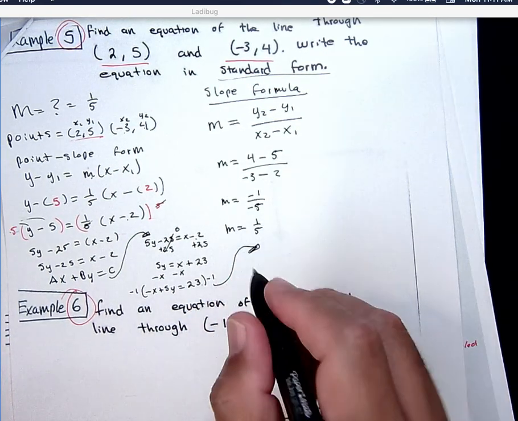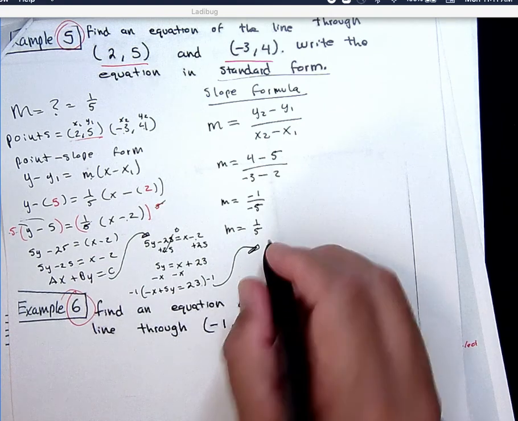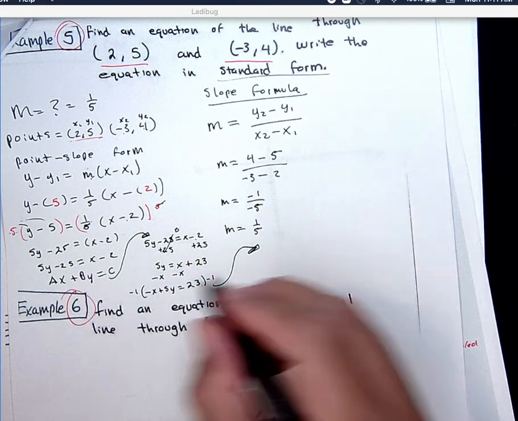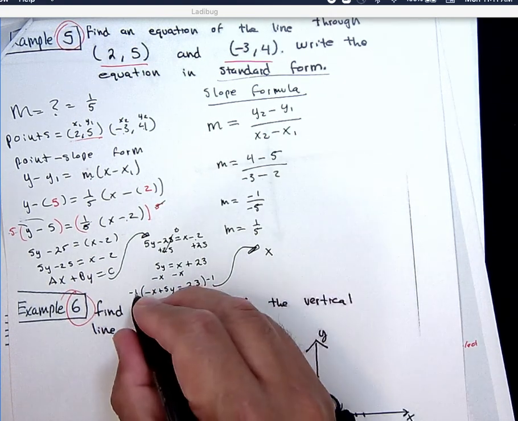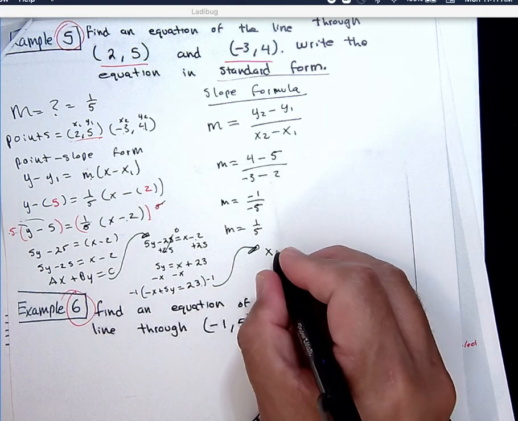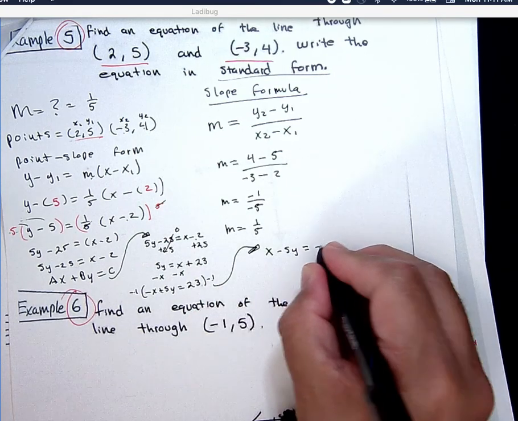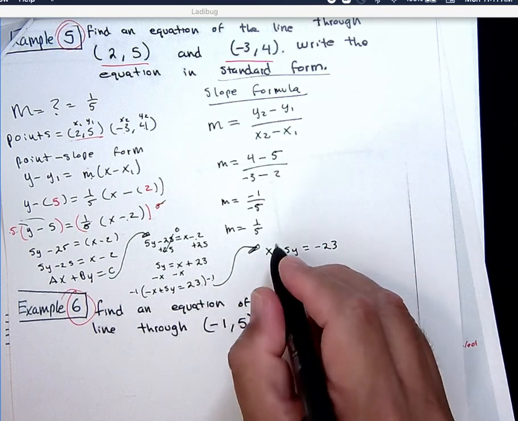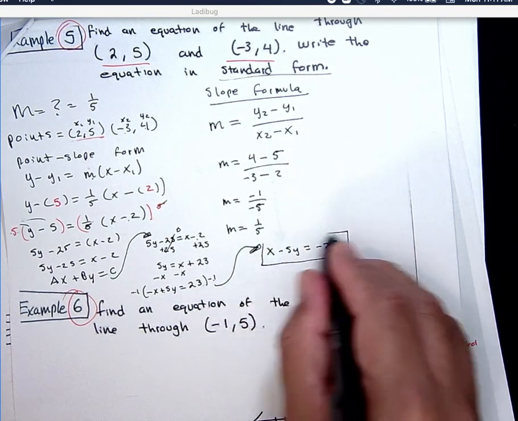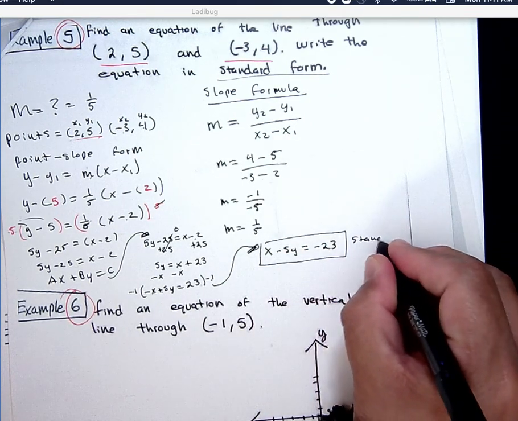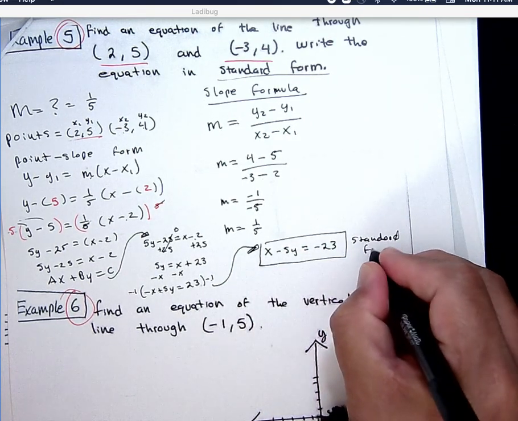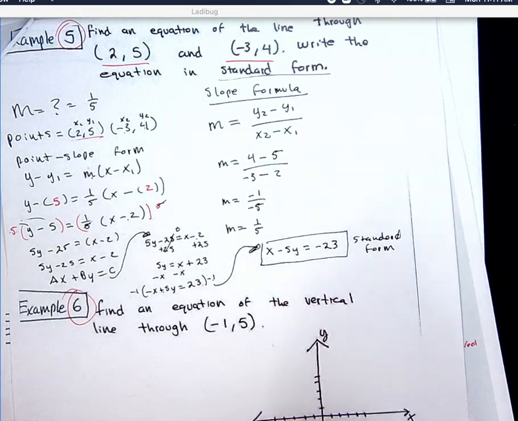Sorry, I didn't anticipate this much. So negative 1 times negative x gives you x. Negative 1 times positive 5y gives you negative 5y equals negative 23. And that would be the standard form. So that would be the answer.